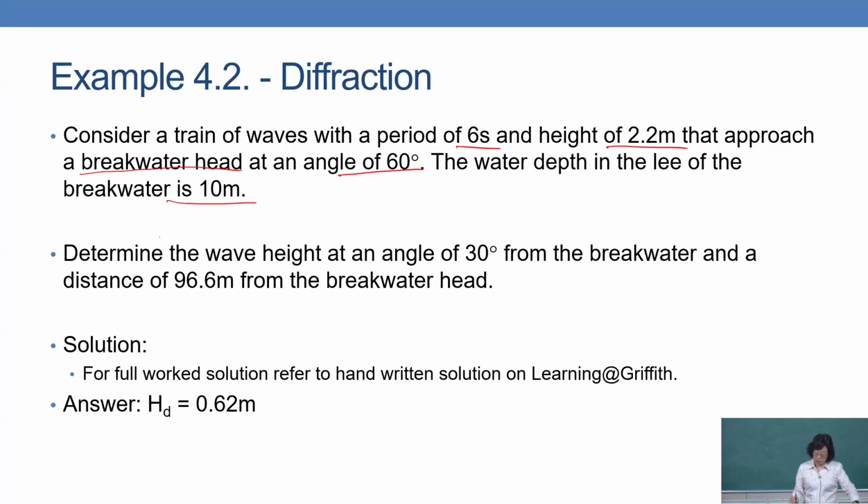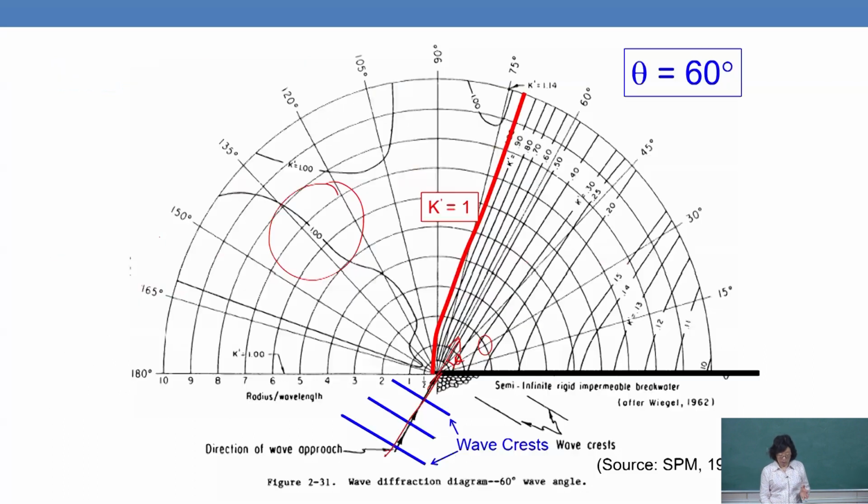You are asked to determine the wave height at an angle of 30 degrees from the breakwater, at a distance of 96.6 meters from the breakwater head. So which diagram are we using? We are able to use this one because the incident wave angle is 60 degrees.